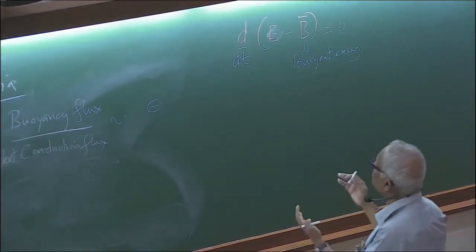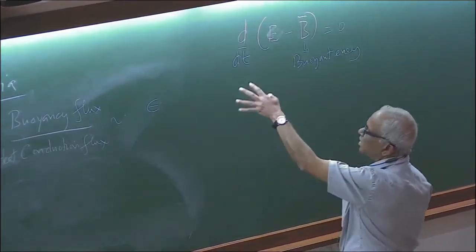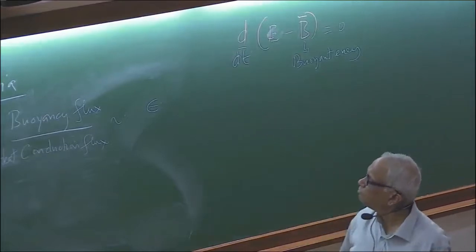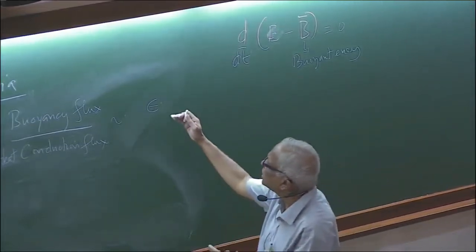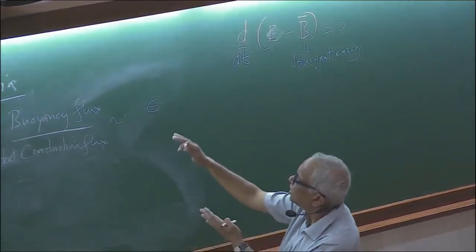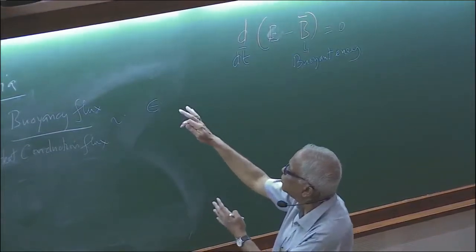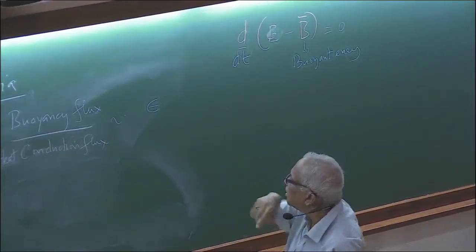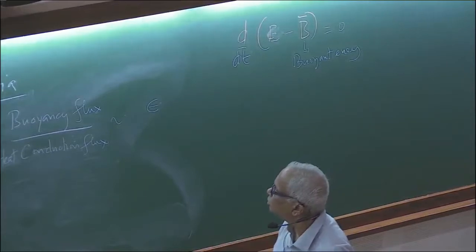So this is d/dt, the rate of energy input, which is this epsilon, and you are going to relate this Nusselt number defined in this manner to the epsilon which we have talked about.